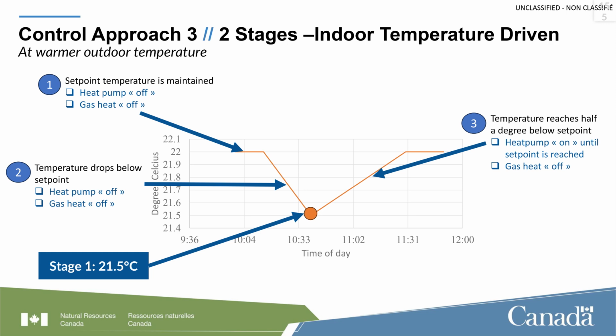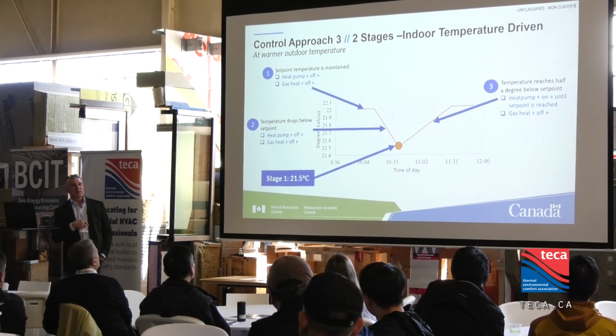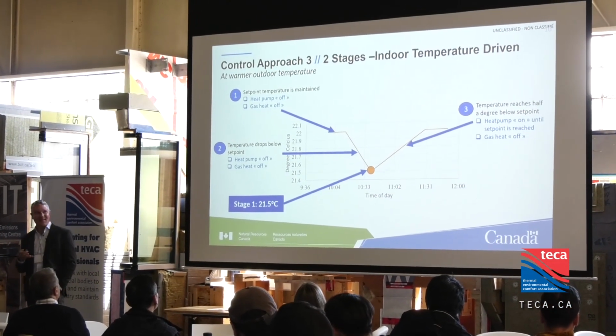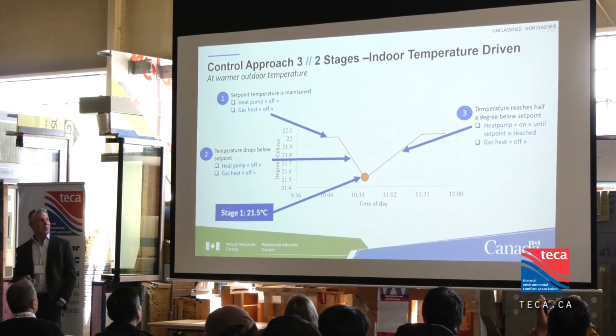So this first slide basically shows a situation where it's not so cold outside, which would probably be most of the year here anyways, compared to Kamloops or Prince George.